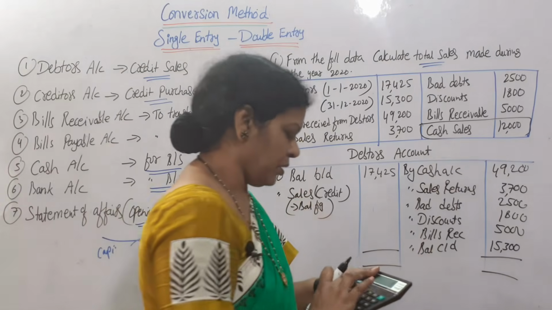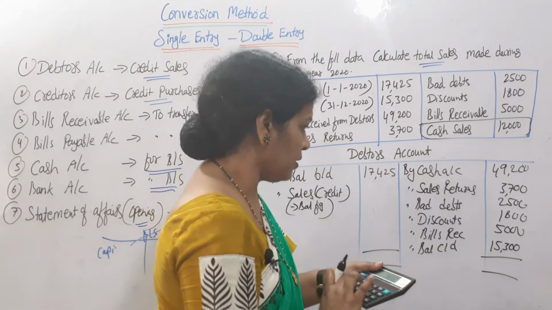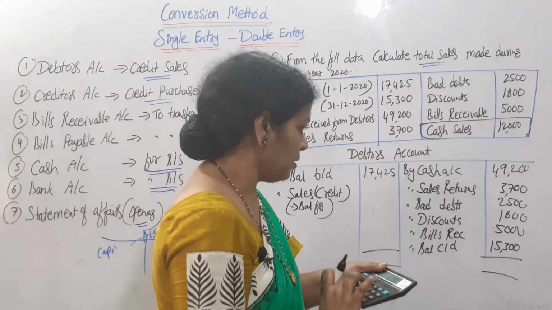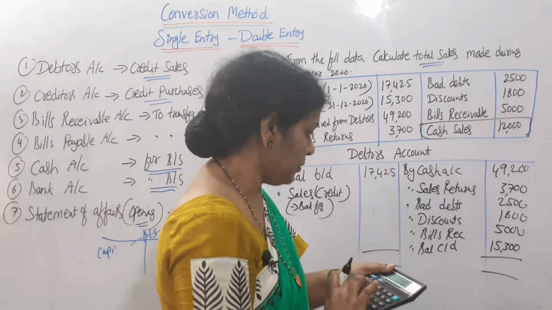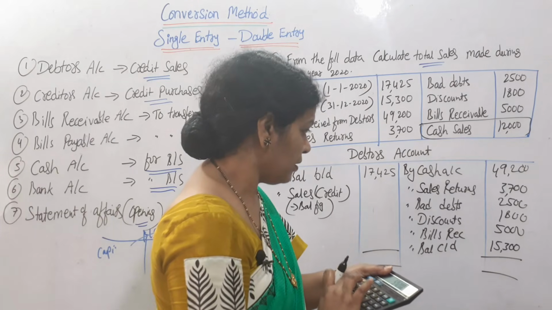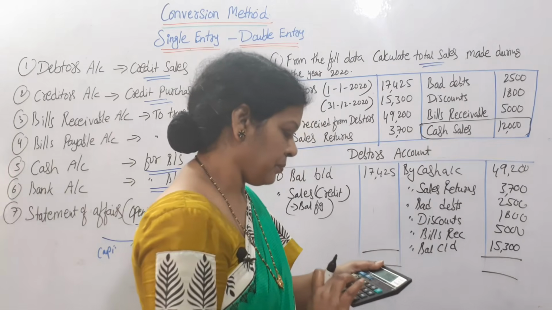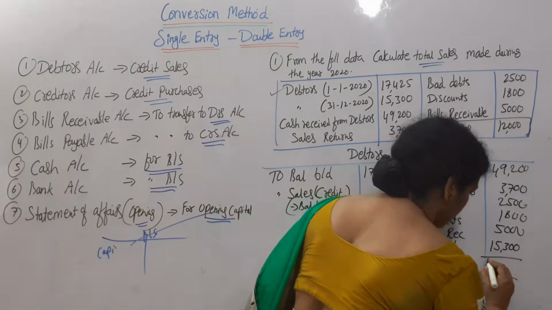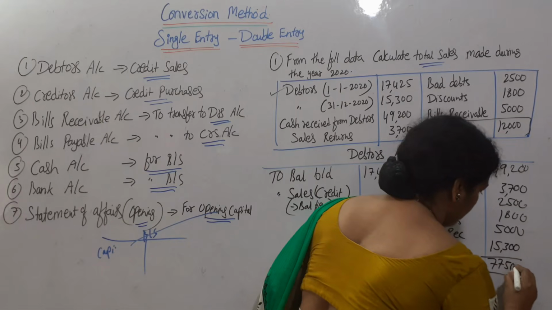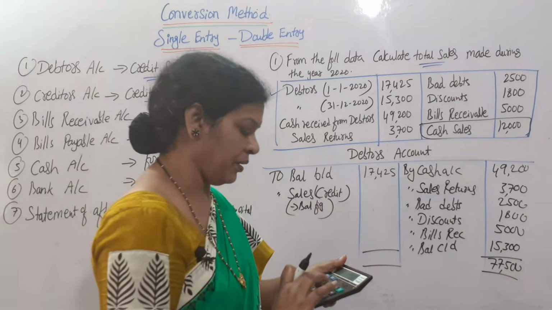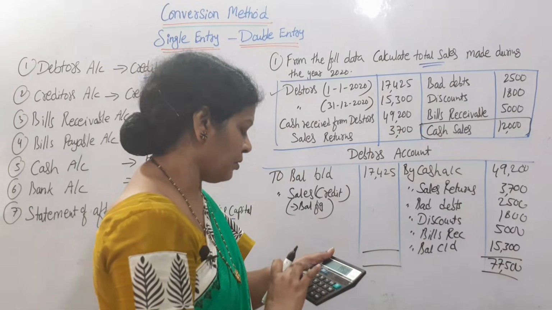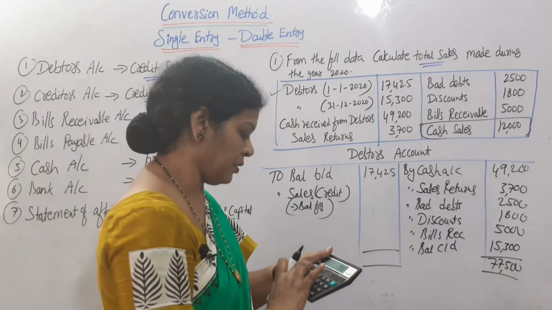So debit side: 49,200 plus 3,700 plus 2,500, 1,800 and 20,300. It is 77,500. 77,500 minus 17,425.